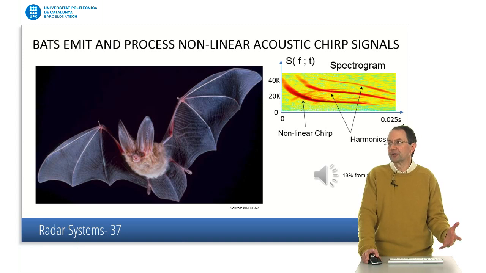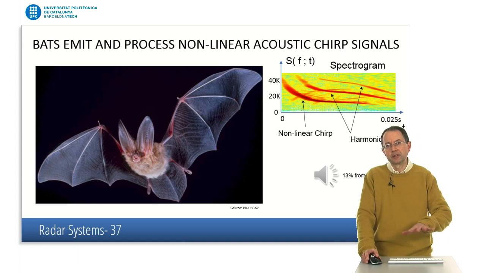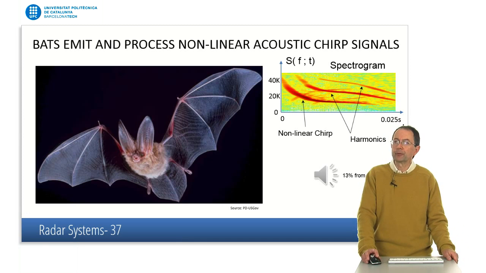Using non-linear chirps, we can model the side lobes of the autocorrelation. This is a spectrogram of the sounds these animals emit, and you can see how this instantaneous frequency changes along time. This is a decreasing frequency chirp, and it is non-linear. This is the fundamental, and these two lines here are the harmonics of the fundamental.